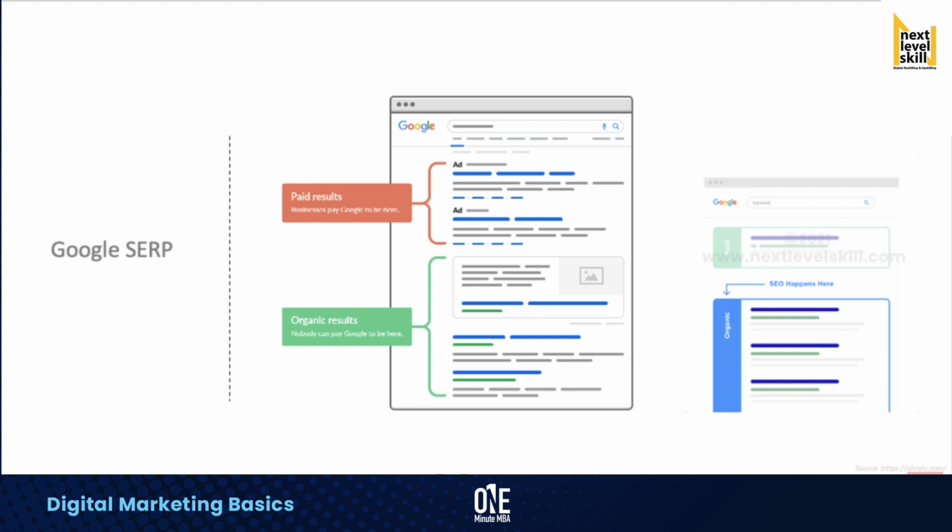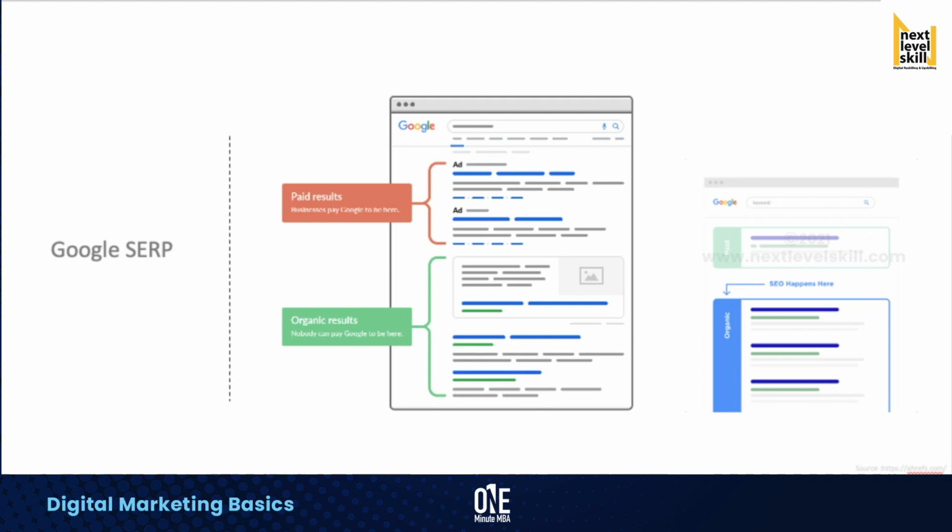When you type some product name, the ads come first on the top or on the right side, and the organic results can be seen after three or four ad results. The ad is called search engine marketing, and the organic is called search engine optimization.